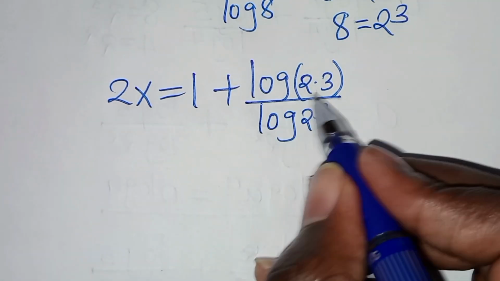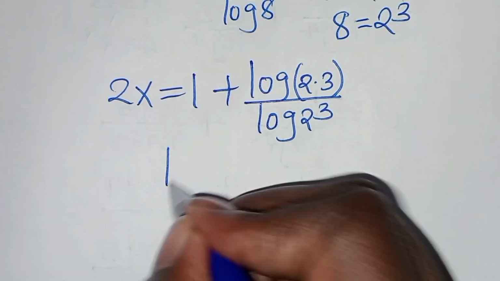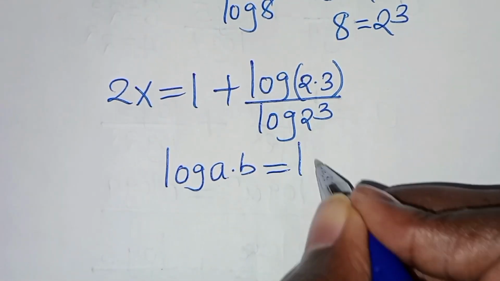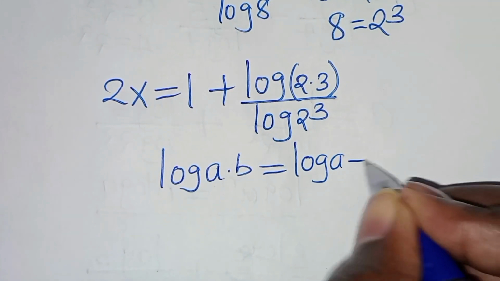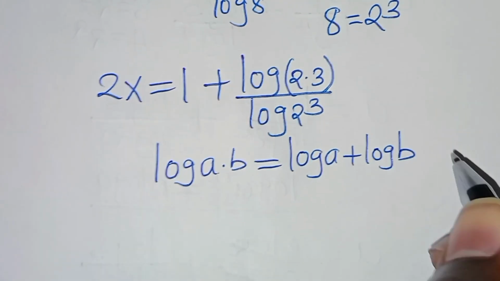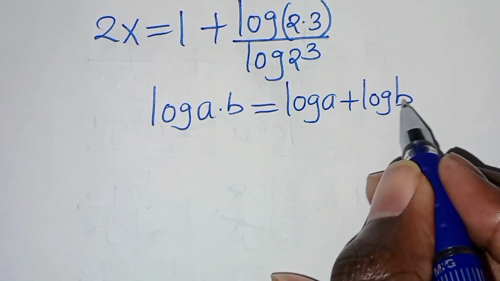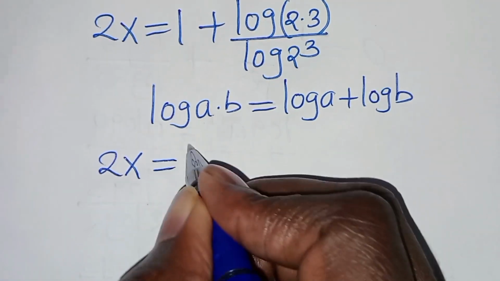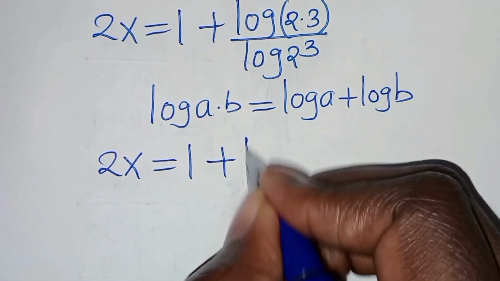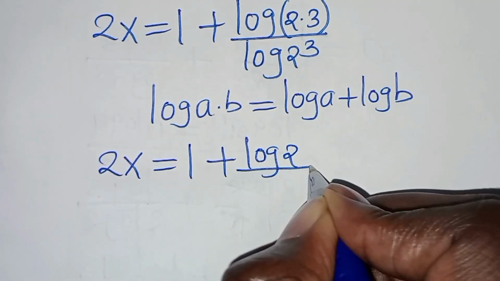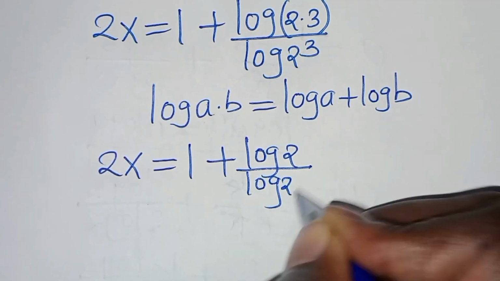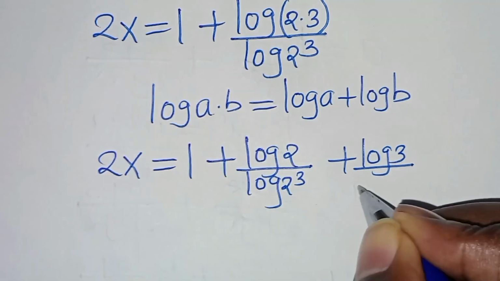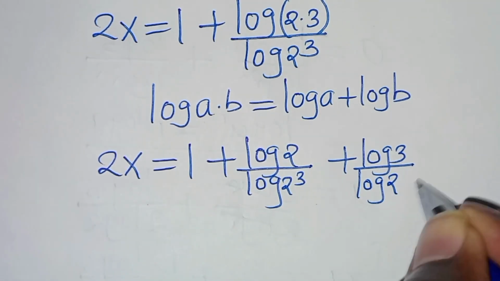So you find that log 2 times 3, this is in the form of log a times b, which we can express as log a plus log b. Applying this logarithm property from here, we have 2x is equal to 1 plus log 2 divided by log 2 to the power 3, then plus log 3 divided by log 2 to the power 3.